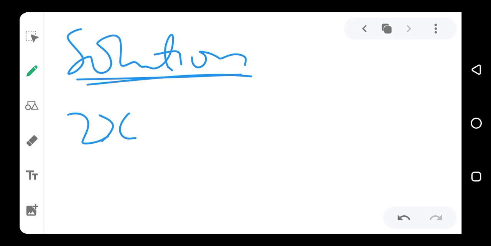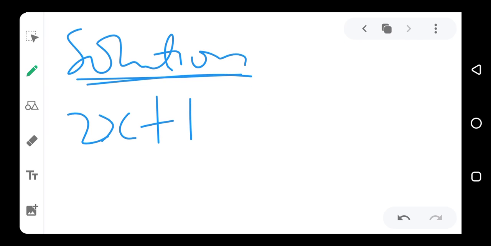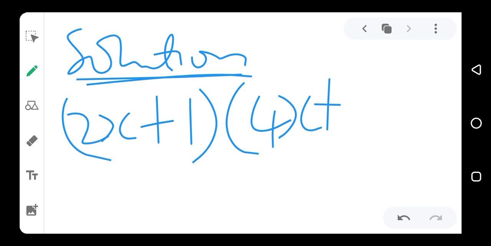(2x + 1), we bracket this, and then (4x² + x), we bracket this. Then we multiply every term in the first bracket by the terms in the second bracket.